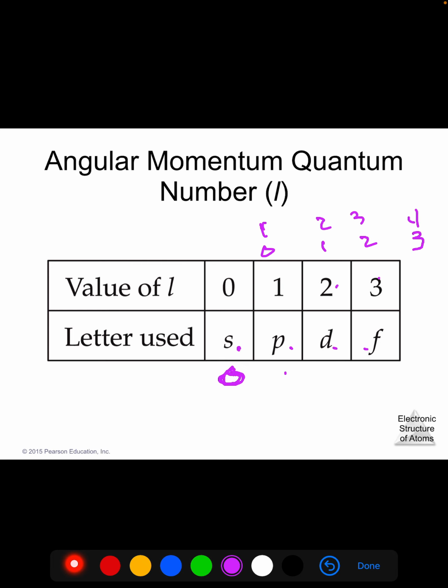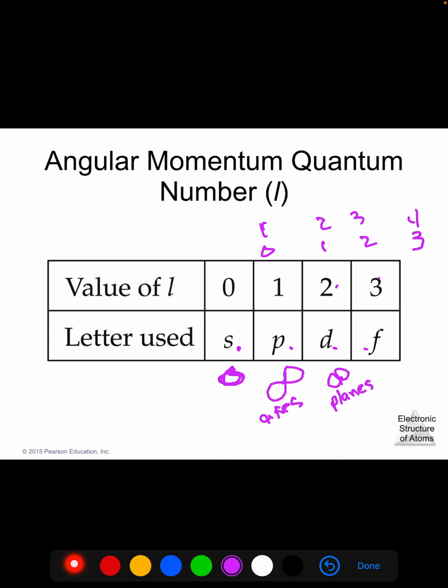The P's tend to be dumbbell shaped and located along the axes. The D's tend to be, although one has a more complex shape, the same dumbbell shape. I've never seen a dumbbell shape like that, but that's the way we describe them, that are also aligned along the plane in space.